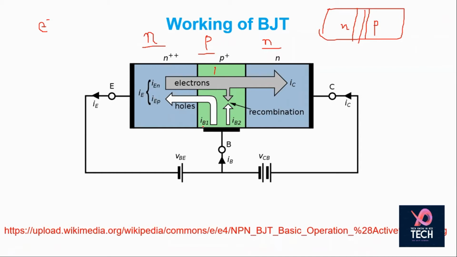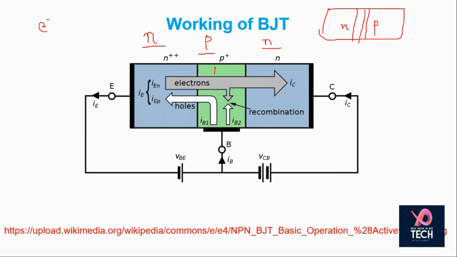Now, base has a very small size and is very lightly doped. So some of the carriers are absorbed in the base, but most of them remain unabsorbed. Electrons, the majority carriers in the emitter, are now in the base region, so they are free.